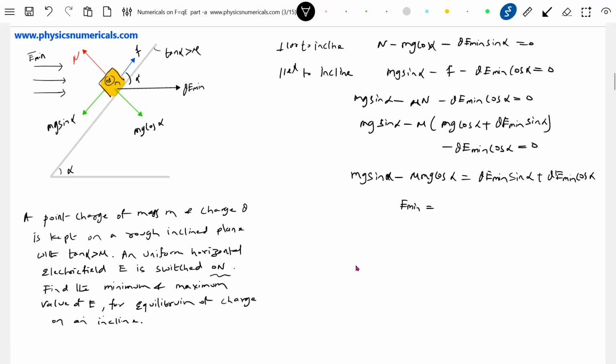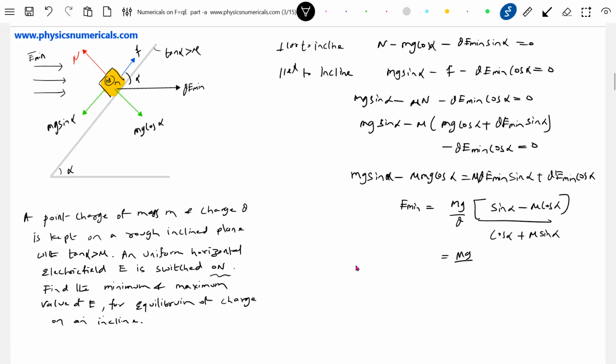So E minimum will be equal to mg, one mu is there, no? Cos alpha plus mu sin alpha.